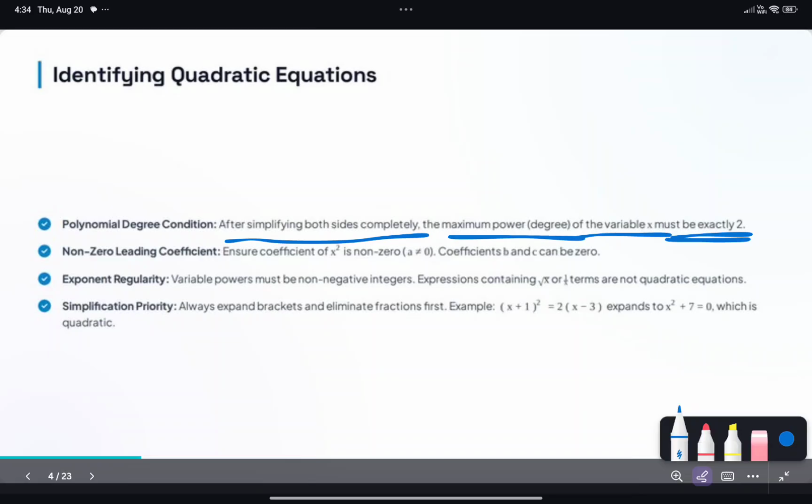X power of minus 2, never like that. Variable powers must be non-negative. Expressions containing root x or 1 by x terms are not quadratic equations. Clear?